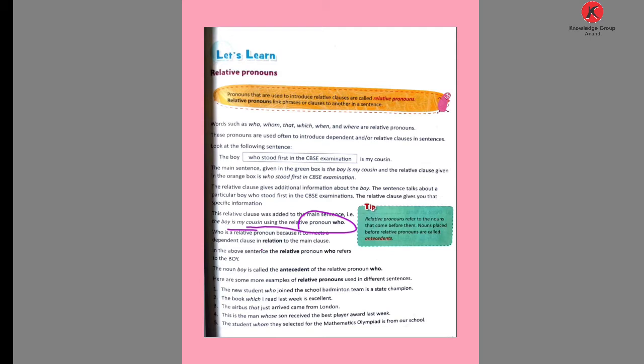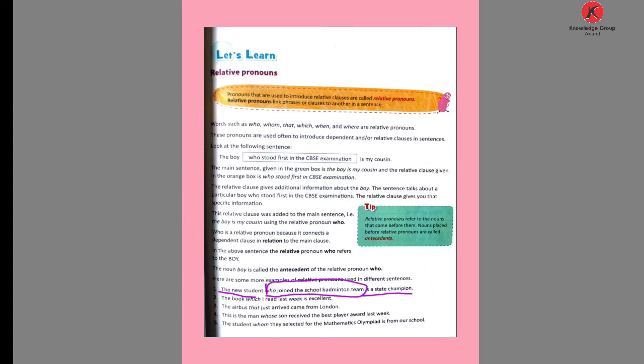Here is the information. See, the new student who joined the school badminton team is a state champion. But the basic sentence is like this: the new student is a state champion. But here, who joined the school badminton team?